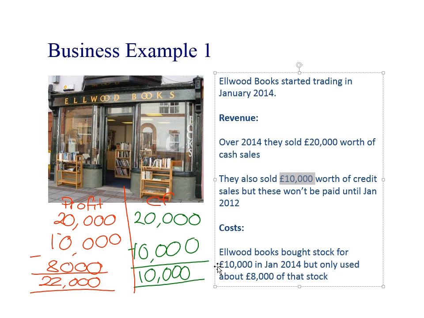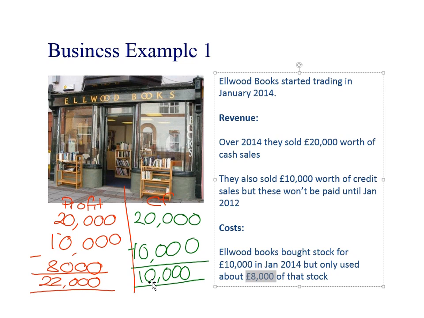And then when we're looking at the costs, yes, technically you paid £10,000, but all we're looking at is the cost of how much it cost you to generate those particular sales. So it's called the matching concept in accounting, and it actually only cost £8,000 to generate those sales. Yes, you did spend £2,000 more, but that's stock that you'll sell next year. So it's £30,000 minus £8,000 is £22,000 worth of profit.